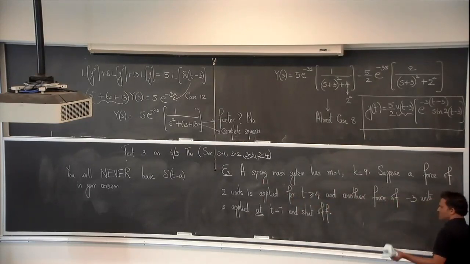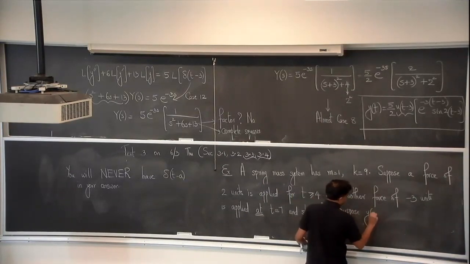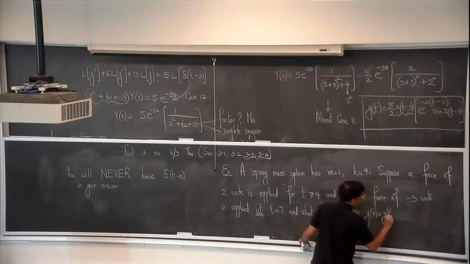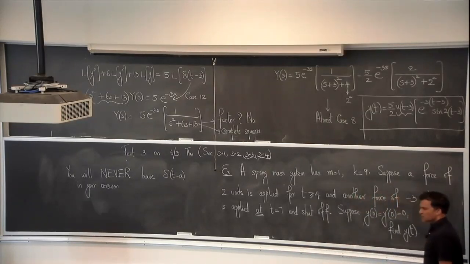And suppose the system starts from equilibrium. So initially it's not moving. Okay. Find the displacement y of t. Okay, so that's the worst possible scenario, right? You've got both the Heaviside and the delta function, the same problem. Okay.